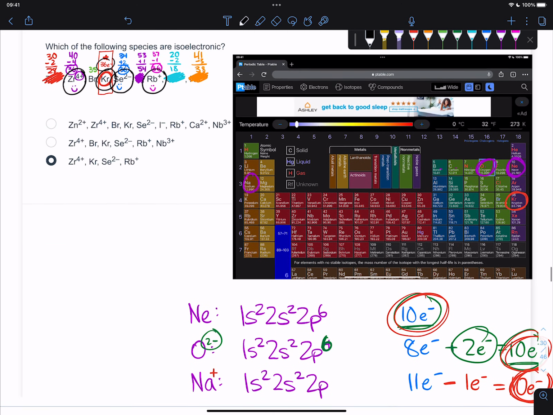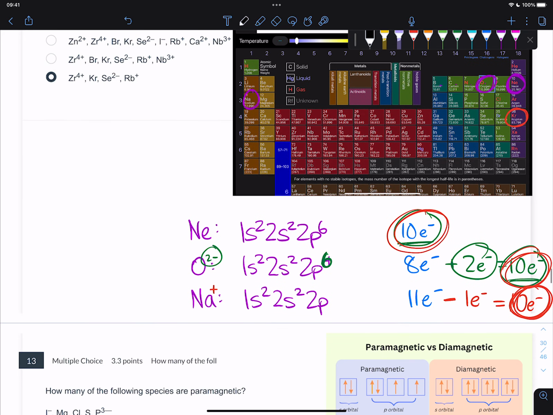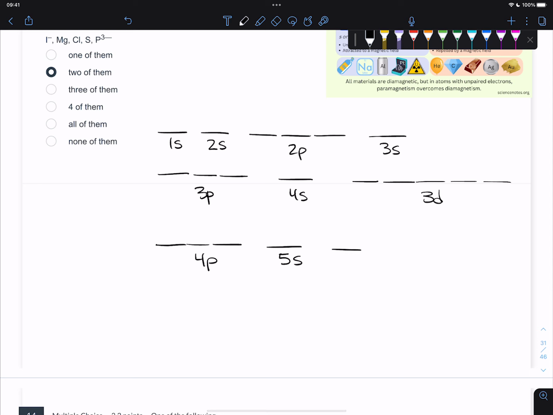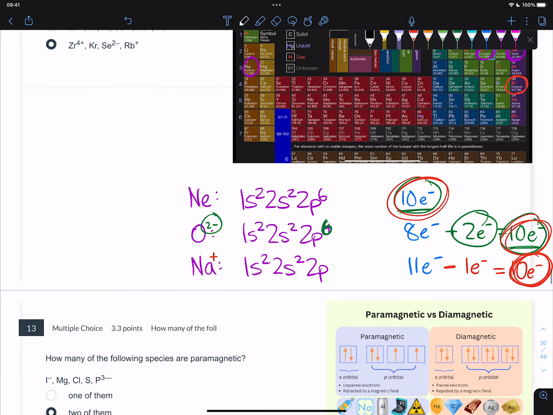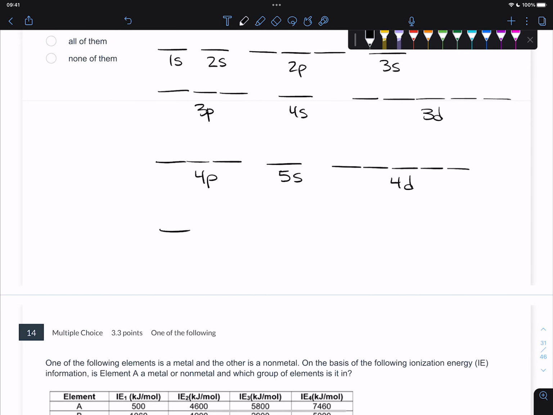Okay, maybe you don't have to write it all out. I'll do that for the purposes of you seeing how it works. We have 3d. Oh, we're almost there. Okay. We have our 4d. And then we finally are at our last part, which is p. 2, 3, 4, 5. Thank goodness. 1, 2, 3. So this is our 5p.